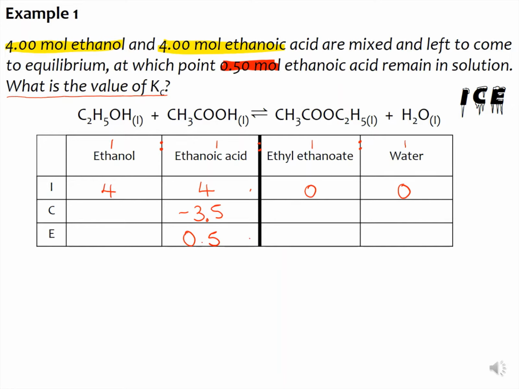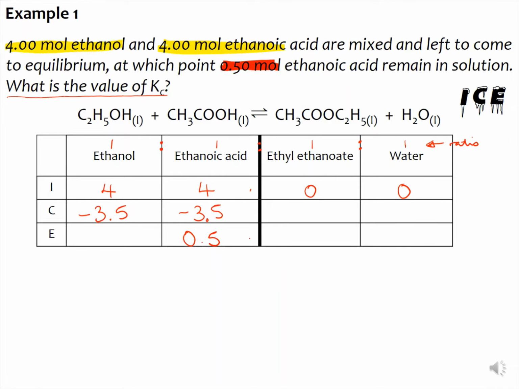Now, if we use our stoichiometric ratio that we've put in the table, if we know how much one species has reacted by, we can work out by how much all of the others have reacted. If 3.5 moles of ethanoic acid reacted, because it's a 1-to-1 ratio with ethanol, ethanol has to react with 3.5 moles as well.